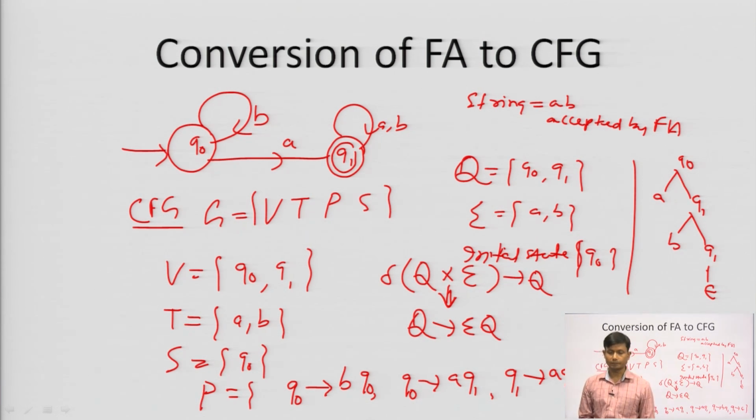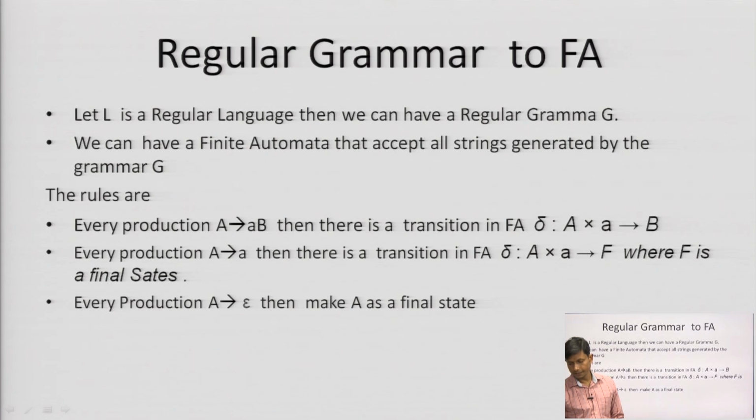If a finite automata is given, we can get a regular expression, a regular grammar, or a regular language. And the same holds in the other direction.